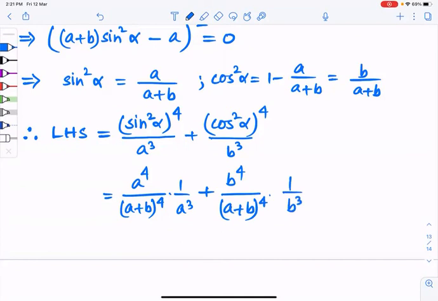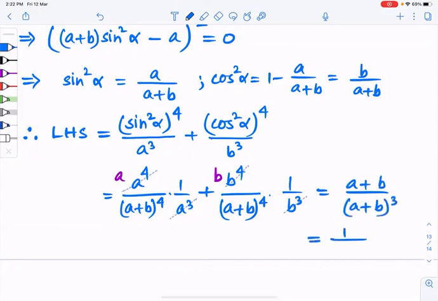Okay, I have just put the values, and after this, a cube and a power 4 will be cancelled. There will be a remaining, and here b cube and b power 4 will be cancelled, and there will be b remaining over here, and that will be giving us a plus b by a plus b whole power 4, so it is 1 by a plus b whole cube.